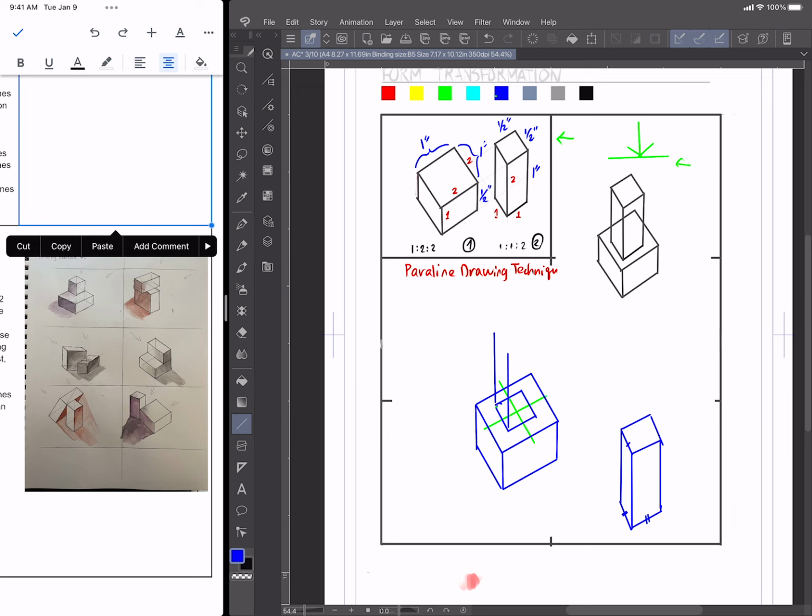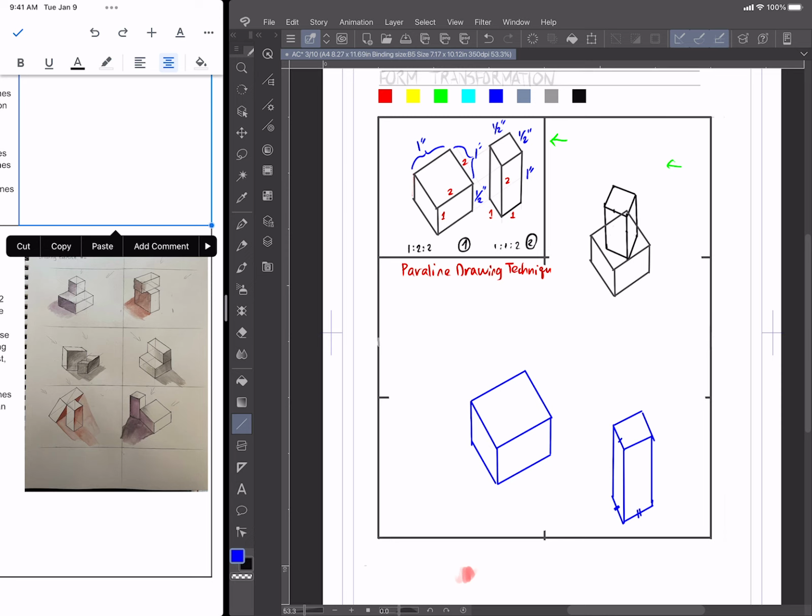Those would indicate the height of the object. We draw the top edge lines parallel to the bottom edge. Use our parallel line approach.